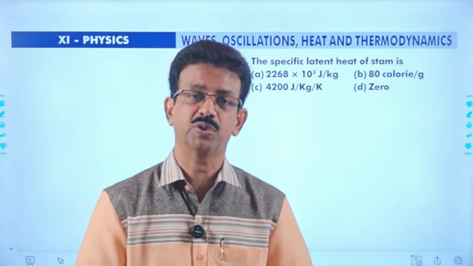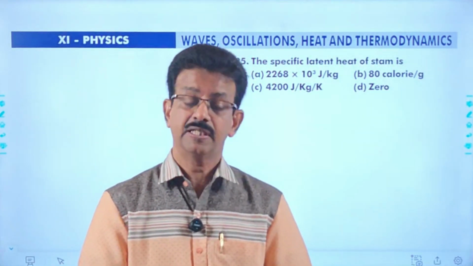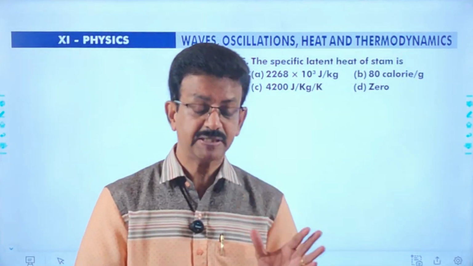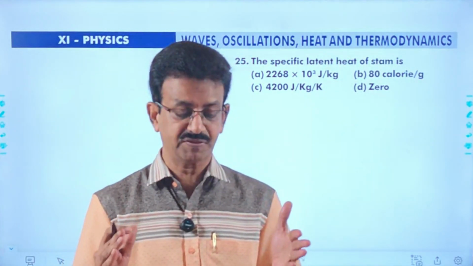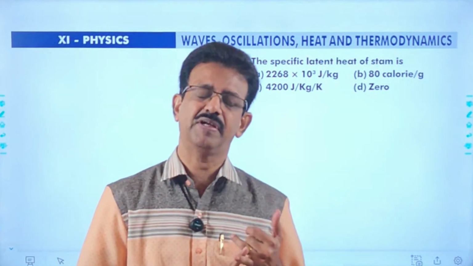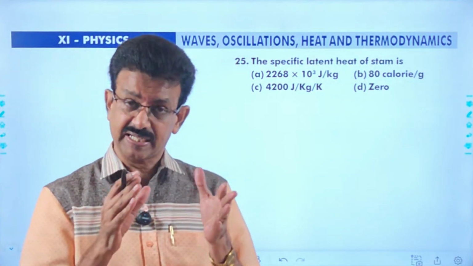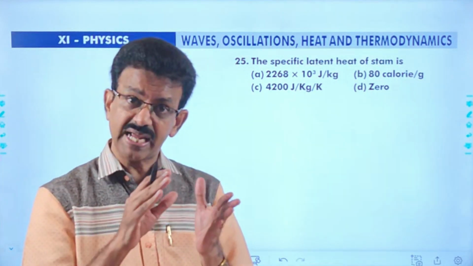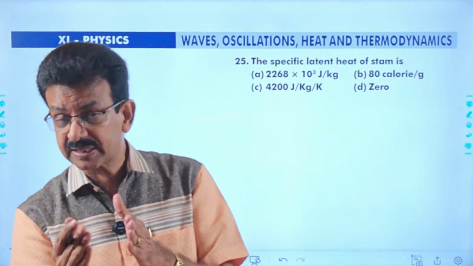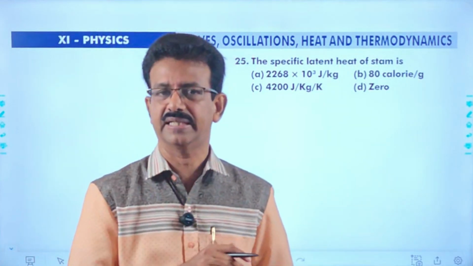This is the last question of this session. The specific latent heat of steam. What is specific latent heat? The term latent heat exists only in the case of state conversion without any temperature change.